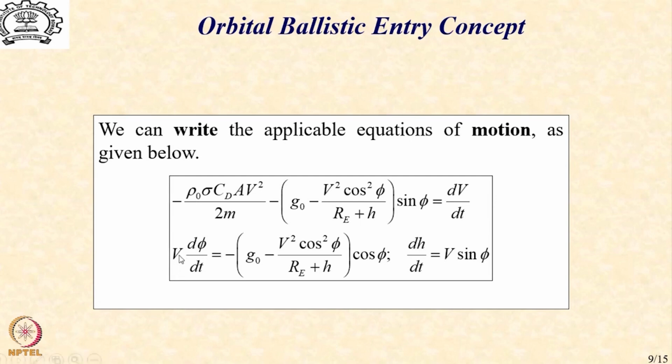So we have the normal equilibrium also, v d phi by dt, and then we have the kinematic relation dh by dt as v sin phi.